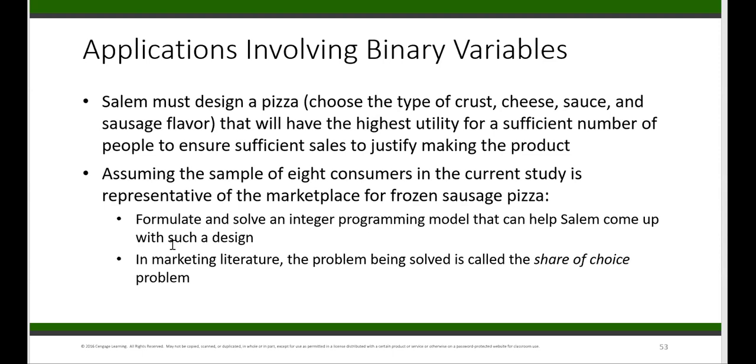This has design, and we want to pick different attributes. So it has a binary nature in it. We can say yes or no to different levels of each attribute. Attributes should always be there, but we choose levels. So that has a binary nature by definition, right?